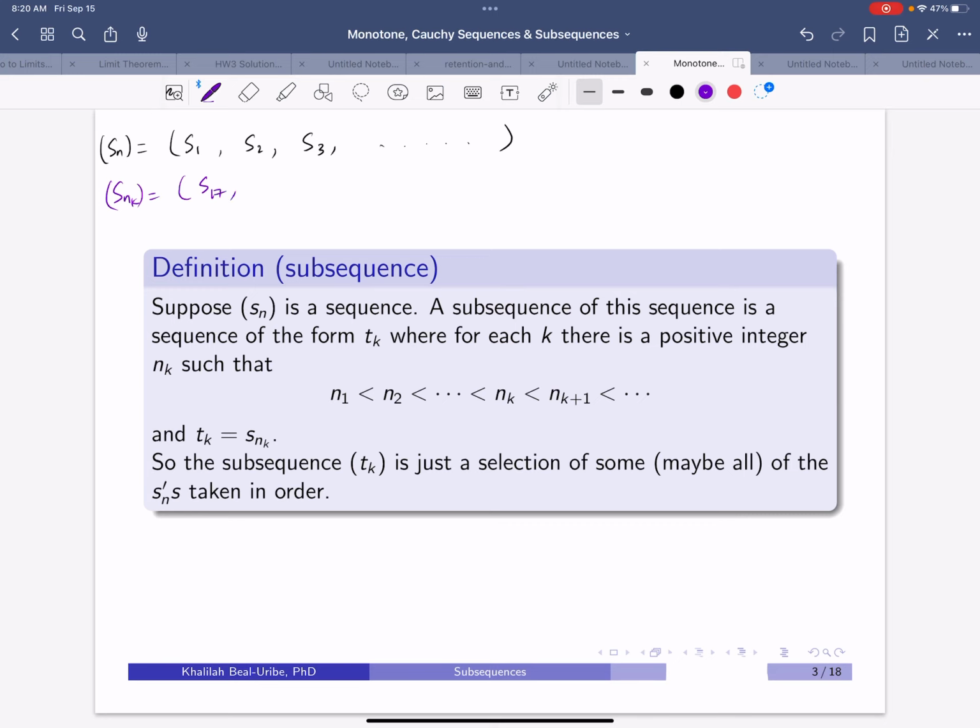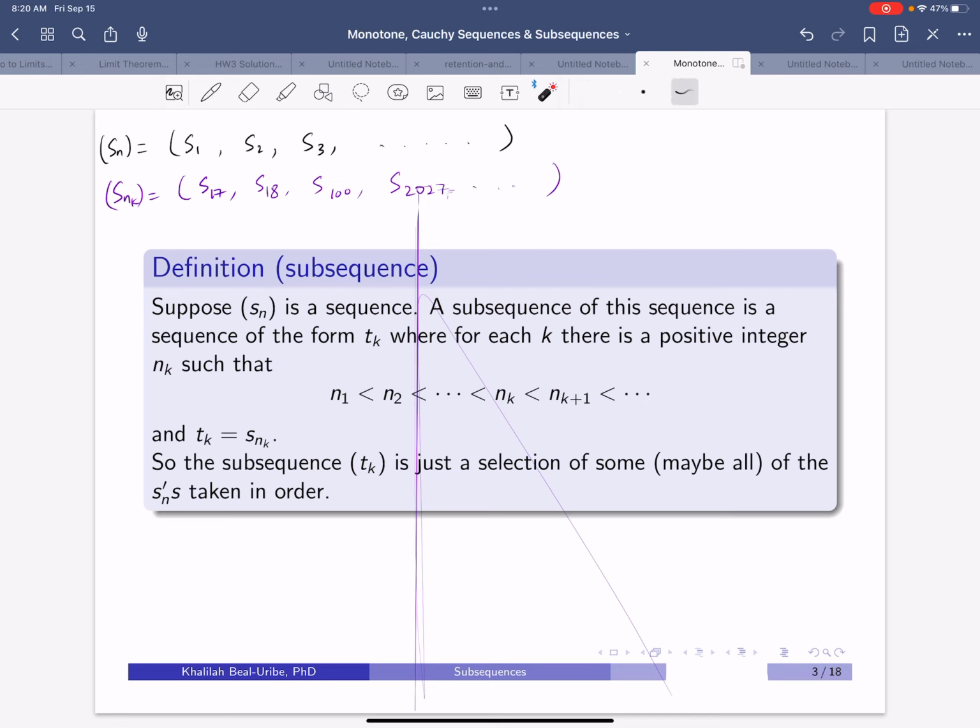Now what's the next term? I can't pick S2, right, because I have to preserve the order, but I could choose any term after 17. So maybe the next term is S18. And then maybe the next term is S100. And the next term is S2027, right?